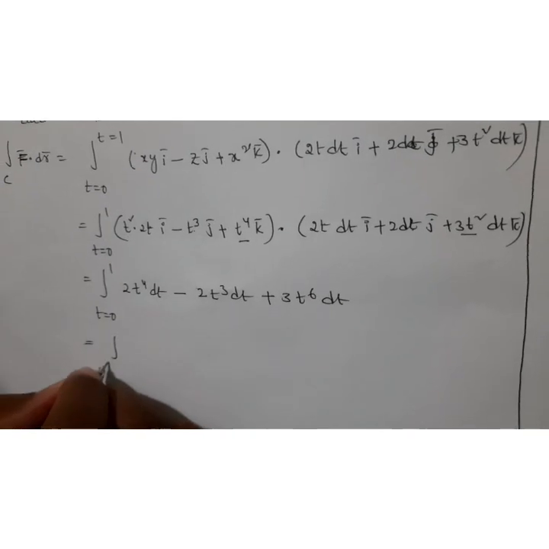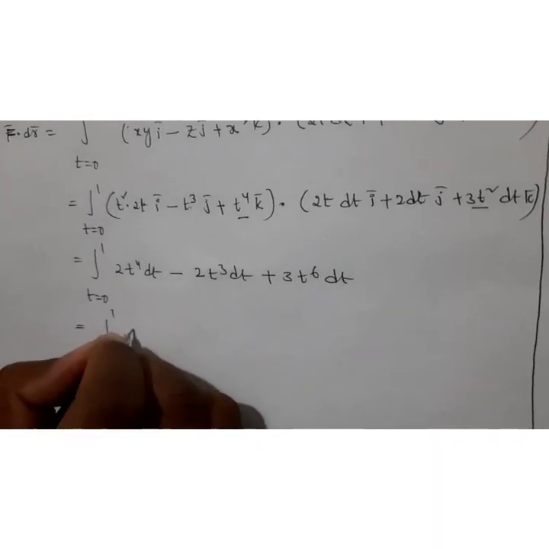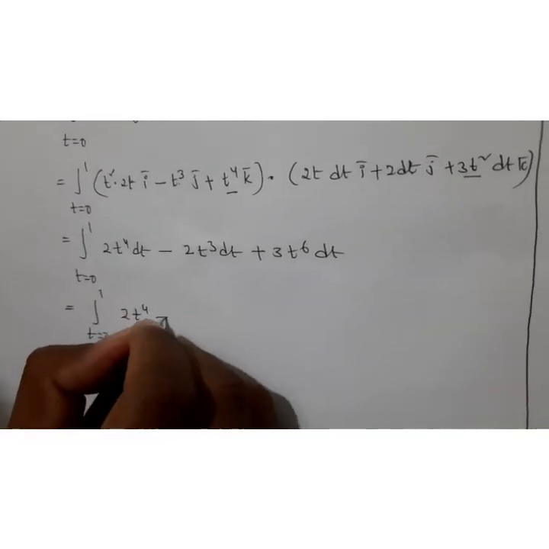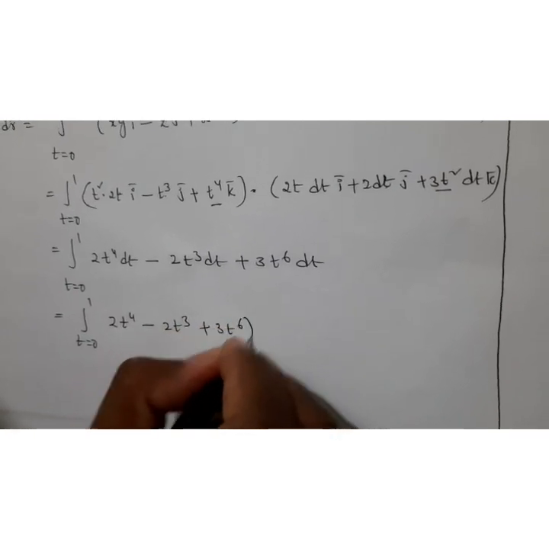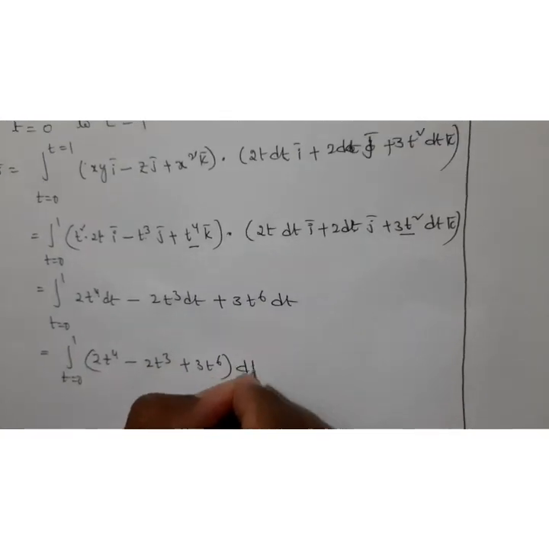So the integral from 0 to 1 of 2t power 4 minus 2t cube plus 3t power 6 dt.